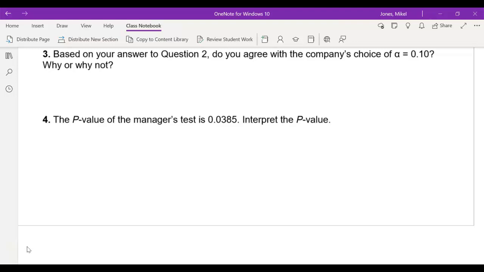Okay, so by chance alone, we would get a value as extreme as the sample that we collected.